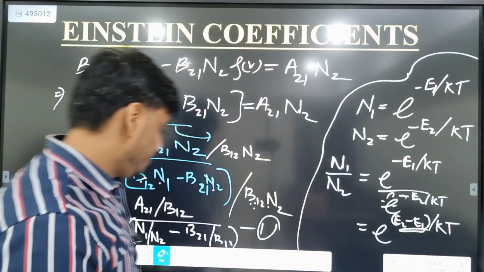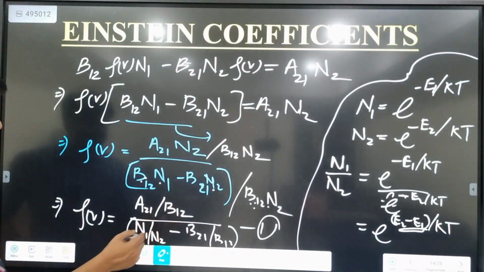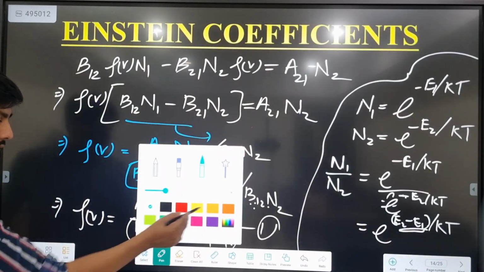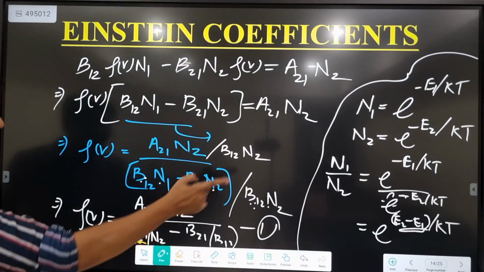Now we are going to use that value in equation number 1. In place of N1 by N2 we can use that value.